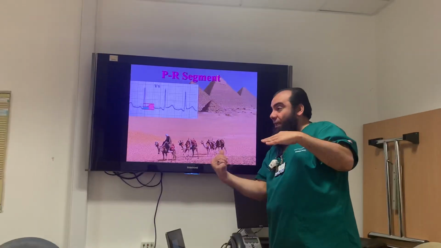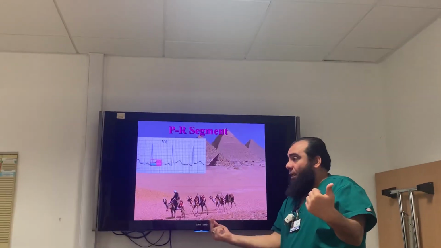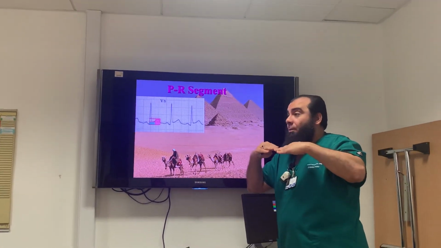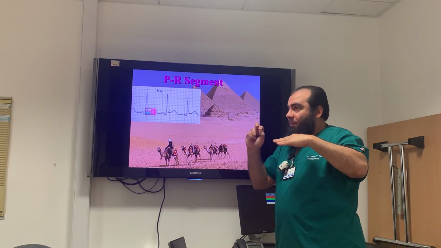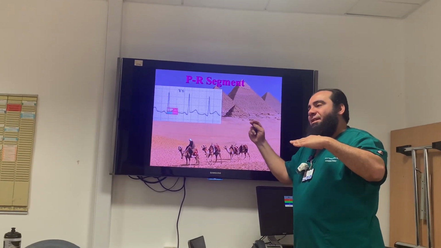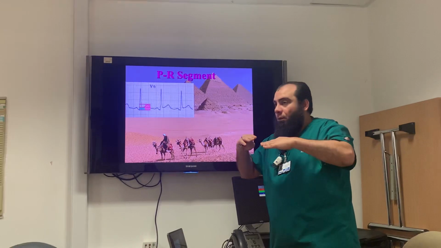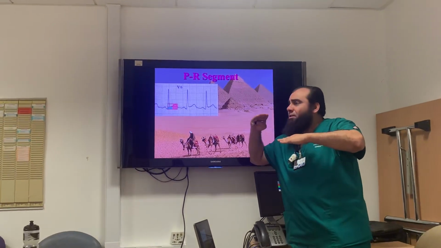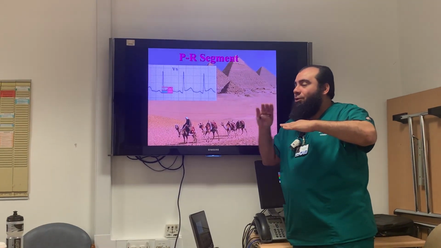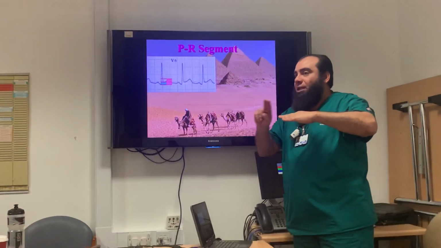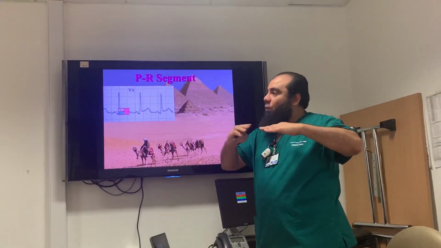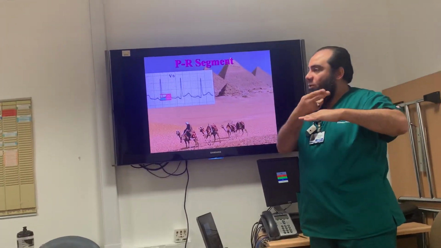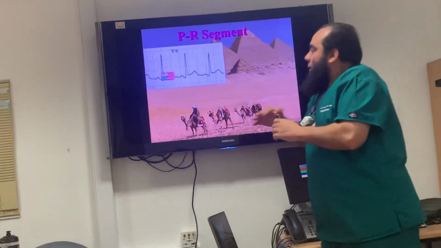So the T of the previous and the P of the coming wave is the isoelectric line. People usually make the mistake of comparing, for example, the ST segment with the PR. So they say, oh, ST is elevated. No. PR is not isoelectric. The isoelectric line we compare with is the TP: T of the previous, P of the next.